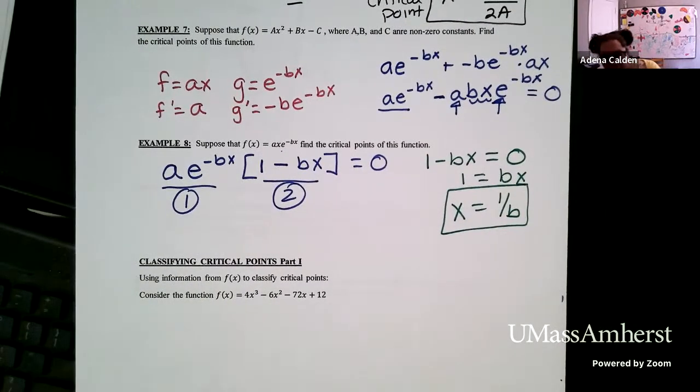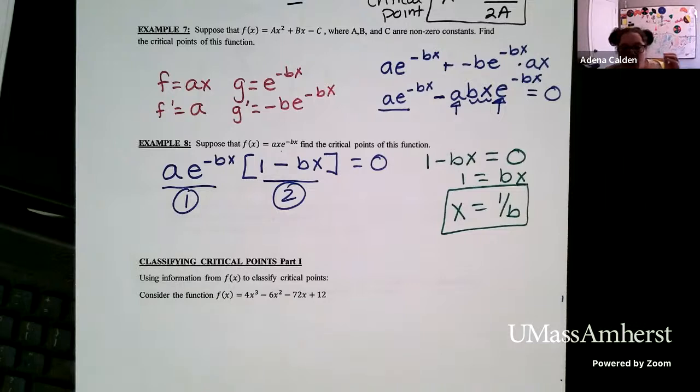So we're going to start with this example here. So we have the function 4x cubed minus 6x squared minus 72x plus 12. So what I would like you to do is, step one, find the critical points. That's what we've been doing all class. So we want to find the first derivative and set it equal to 0.